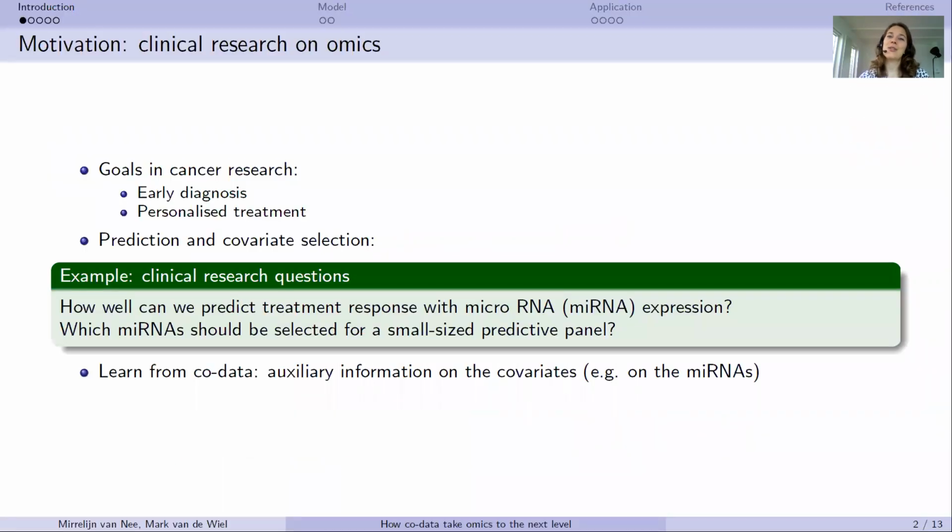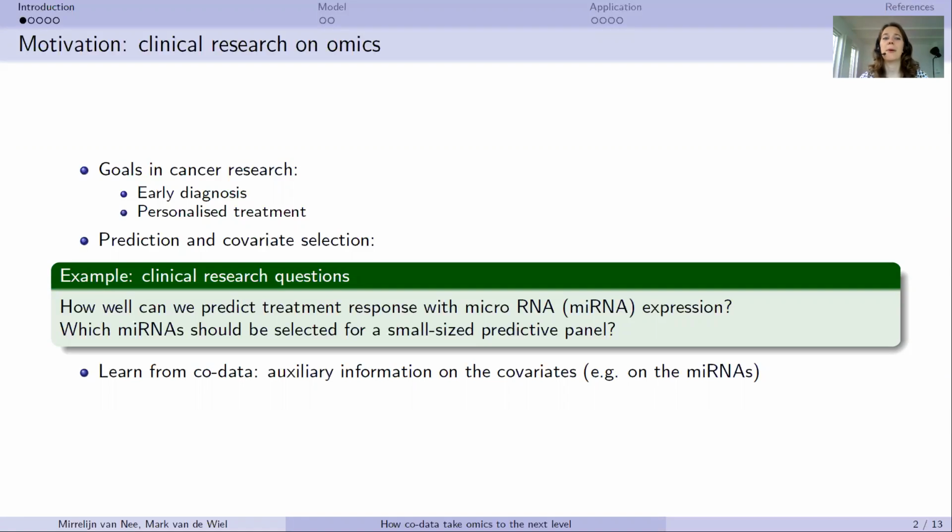So the motivation for this work is clinical research on omics, and it comes from, in particular, cancer genomics. Some goals in cancer research are early diagnosis and personalized treatment. So research questions are all about, can we predict whether someone has cancer or not, or which treatment will work, or can we predict the risk of when a tumor will come back?